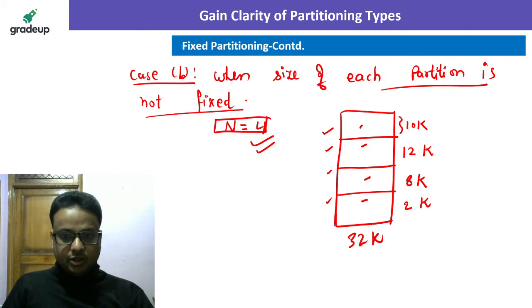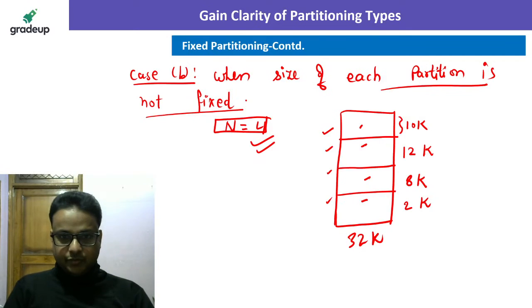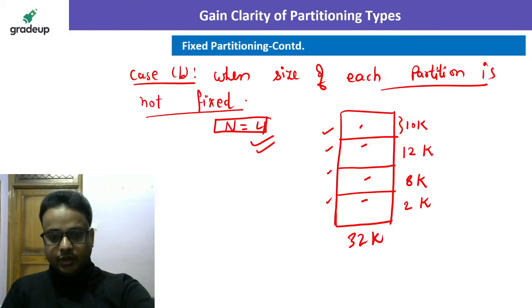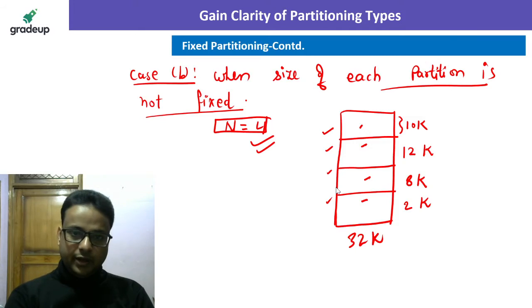So the number of partitions is fixed. We call this variable, that is, fixed partitioning, case number B, right? If you have any doubt till here, please ask me. Then we will go ahead.